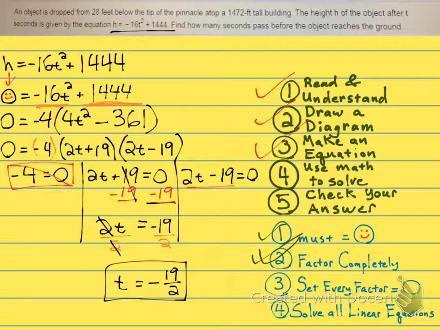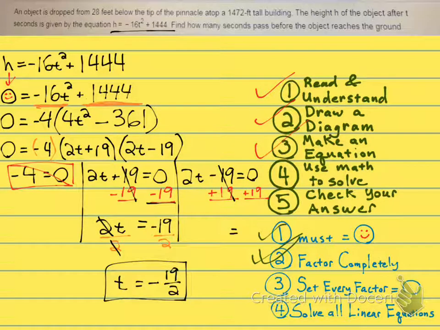All right, that's one of my possible answers. Now, let's work this one right here. It's a linear equation, right? T to the first is linear. So to solve this, I need to get grumpy old t by herself. I need to get rid of the minus 19 first. So I will say plus 19 on the left side of the equal sign and plus 19 on the right side of the equal sign. -19 plus 19 turns into a 0.